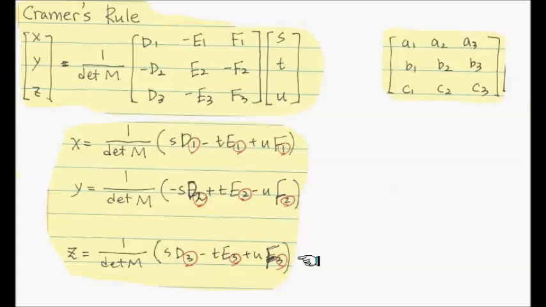Okay? Now look at this matrix, and let's think about what these D, E, F are. D uses the second row and the third row. E uses the first row and the third row. F uses the first row and the second row right there.